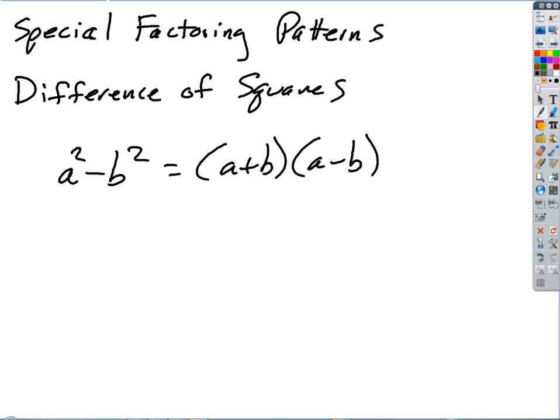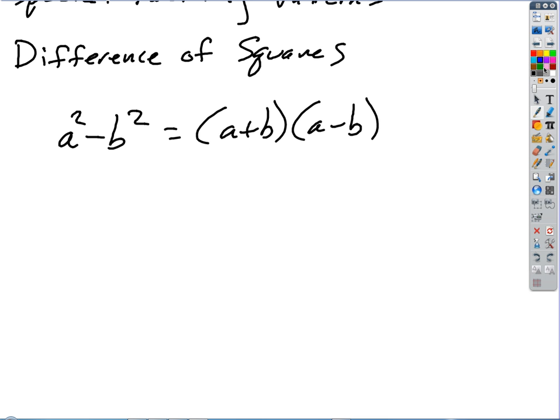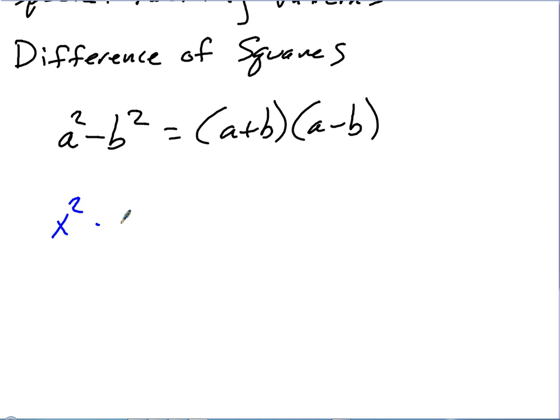So let's look at a couple quick examples. What if we wanted to factor x squared minus 100? Whenever you see 2 terms instead of 3, and there's a minus sign between, you're always looking to see if you can fit it into this pattern. So can I write this as something squared minus something squared?